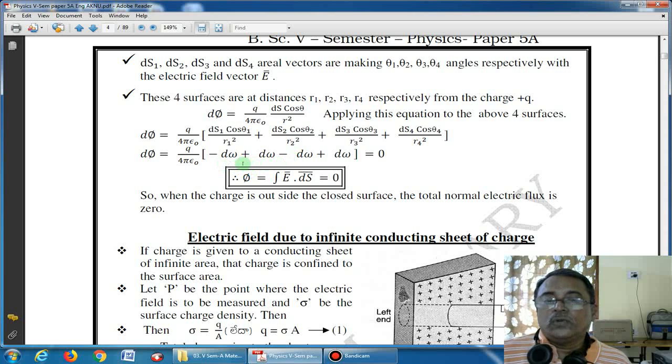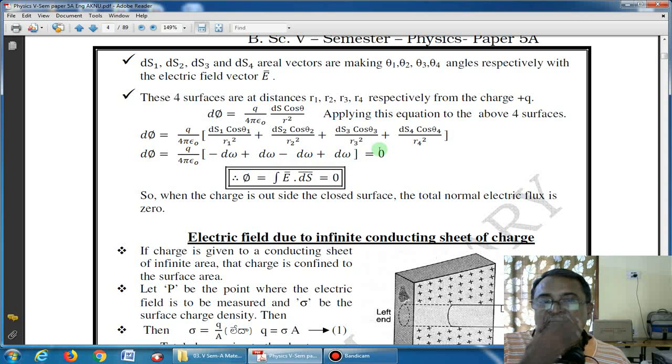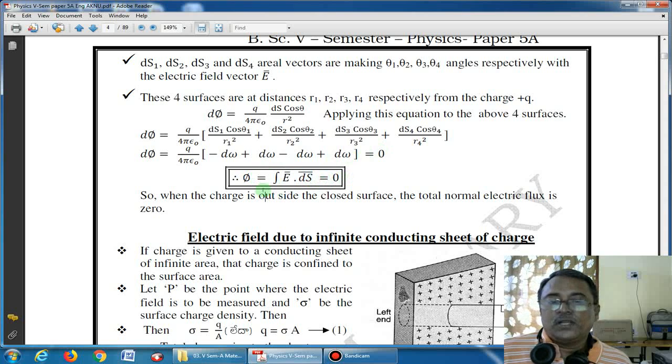So, we put a negative sign before this solid angle. So, all these d omegas get cancelled and the resultant will come out as 0. So, the total normal electric flux is equal to 0 when the charge is placed outside the surface.